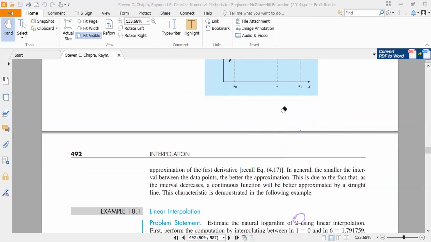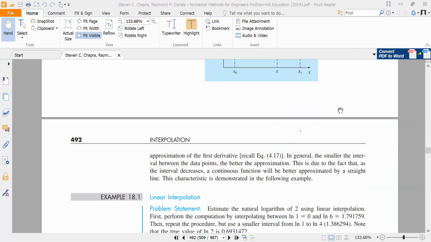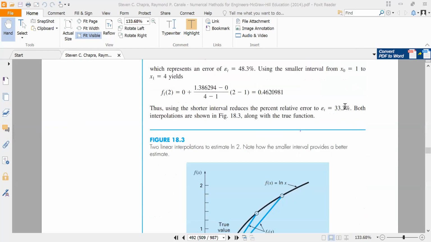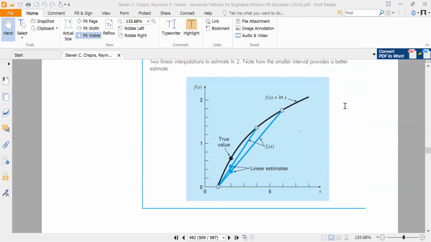So this is your linear interpolation. Then if we want to improve it, what can you do? You see that your x1 value is shifted, and how the predicted value is improving.